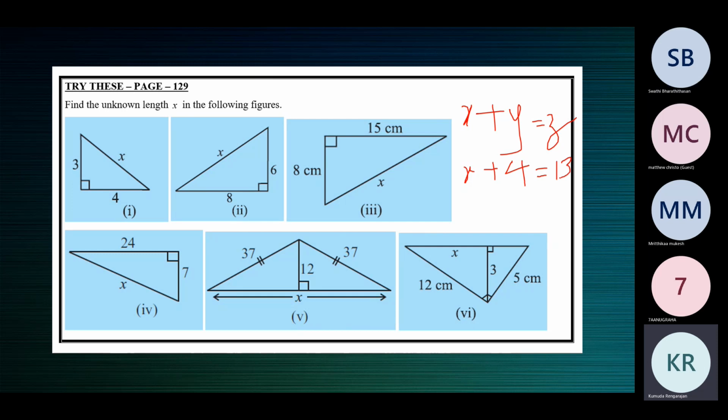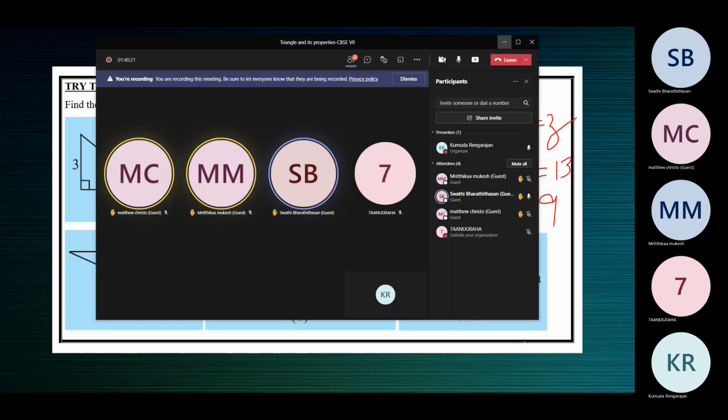Yeah, 13. So X is equal to 13 minus 4, which is 9. Ma'am, 9 plus 4 is equal to 13.